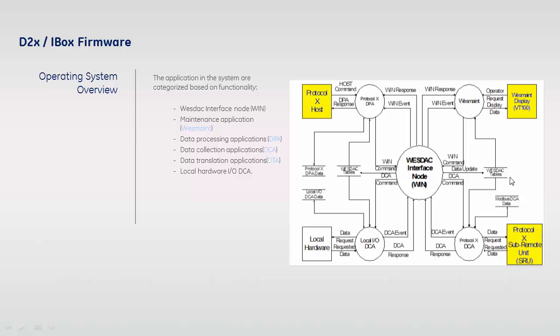Okay, so that's the overall architecture. Got a local concentrating point, a data collection application family, a data processing application family, a westmain application, and a local I/O processing application.